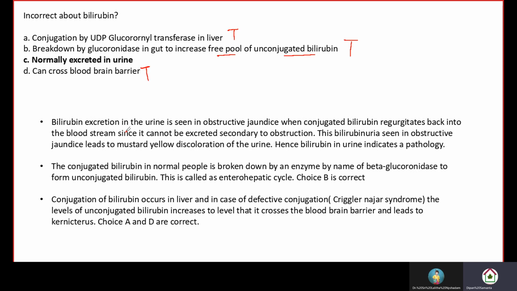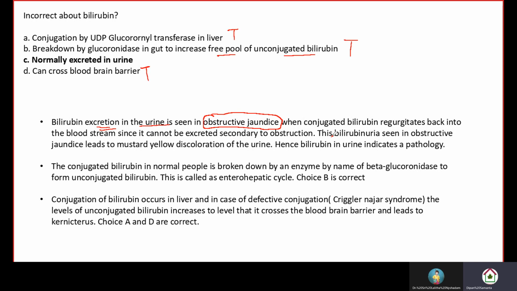Bilirubin excretion in urine is seen in obstructive jaundice. Otherwise, there should not be bilirubin present in urine. In obstructive jaundice, conjugated bilirubin regurgitates back into the bloodstream and cannot be excreted secondary to obstruction.